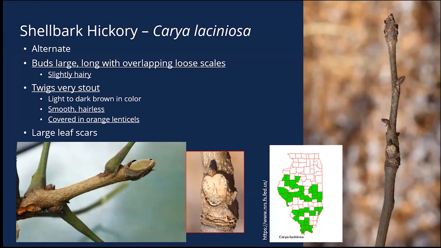Very stout twigs, a little bit lighter in color than Shagbark, but the main difference here is that the twigs of Shellbark Hickory are essentially hairless. So they do look a lot alike, but if you have no hairs on the twigs, it's going to be a shellbark. And if it's a hairy twig, then you're probably looking at shagbark. Those are the ways to tell those apart just by the twigs.